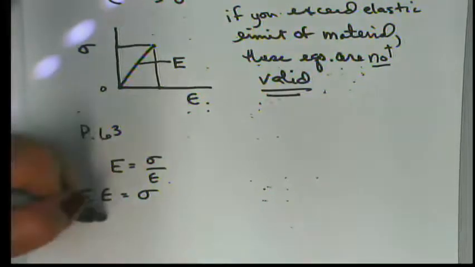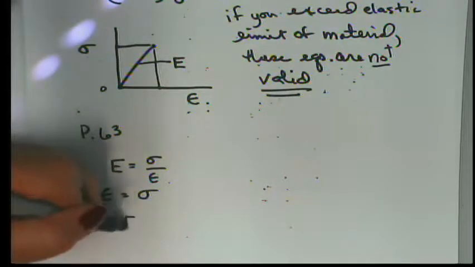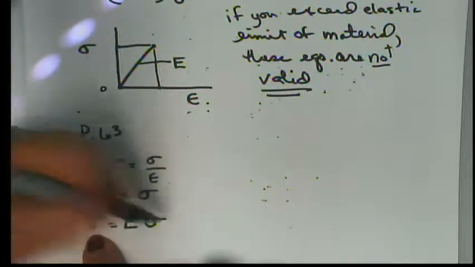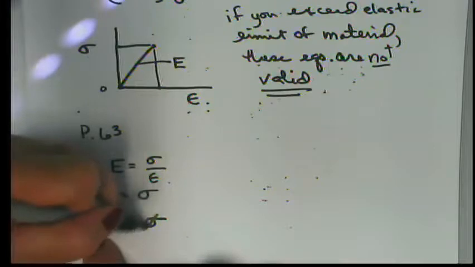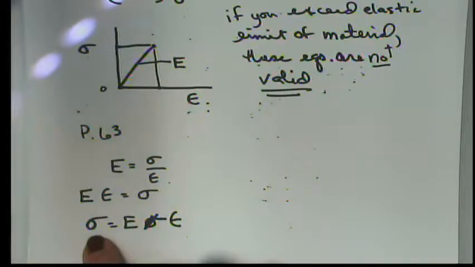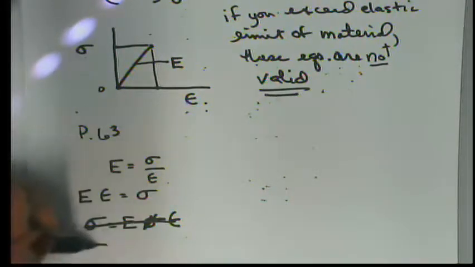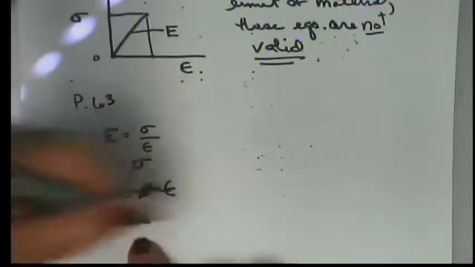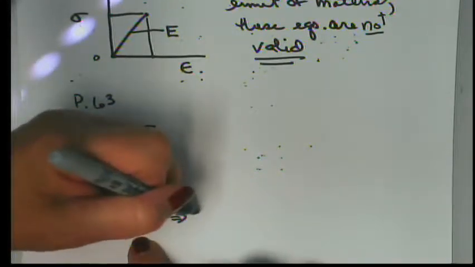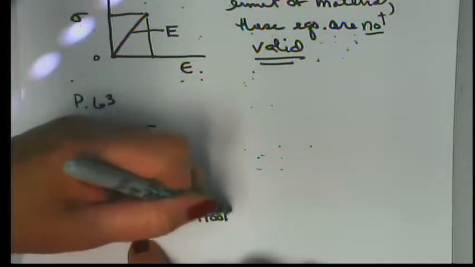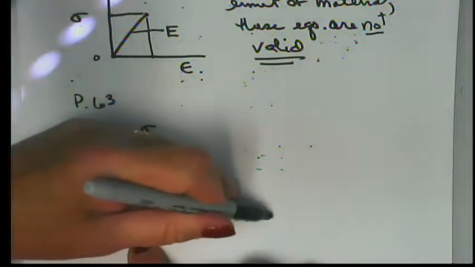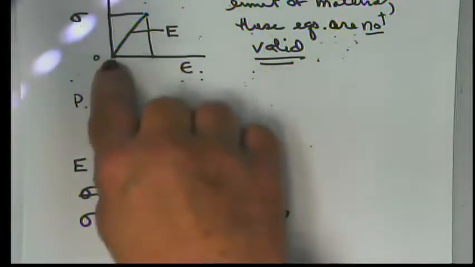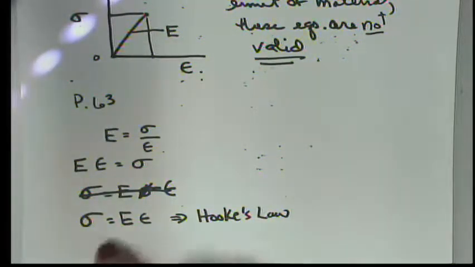And it's more appropriate to write the standalone variable on the left-hand side of the equation. I'm just going to start that over. Okay, this is referred to as Hooke's law. This is a fundamental principle referring only to this behavior in the elastic region.